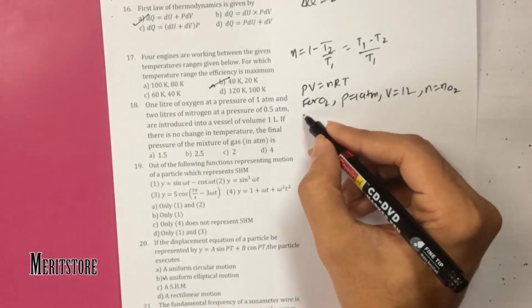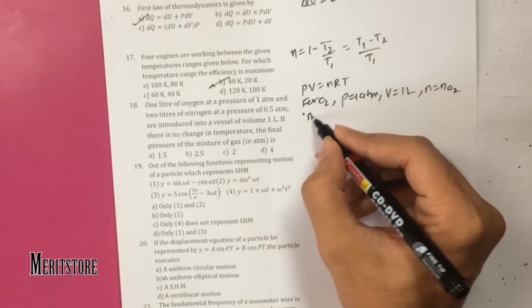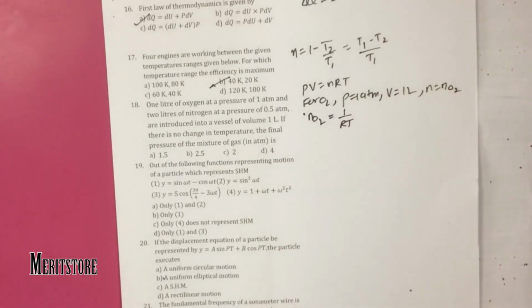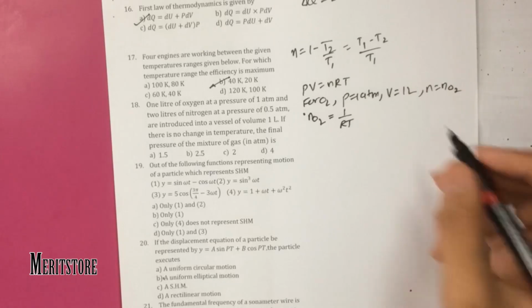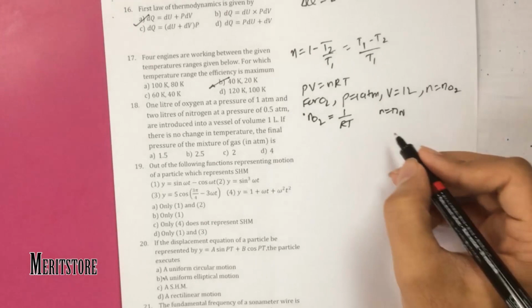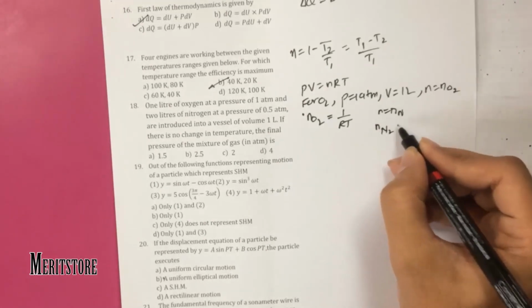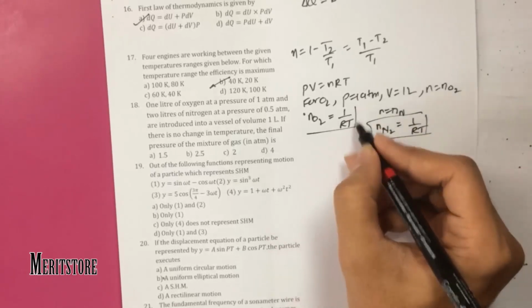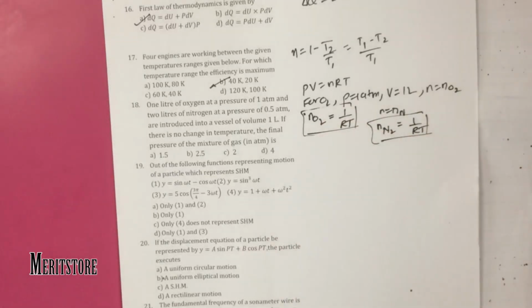Therefore, this equation would become nO2 equals 1 by RT. Same way, for nitrogen, P is 0.5, volume is 2 liters, and n is the number of moles of nitrogen, which would be equal to 1 by RT again. So the number of moles of oxygen equals 1 by RT and the number of moles of nitrogen equals 1 by RT for this mixture of gas.